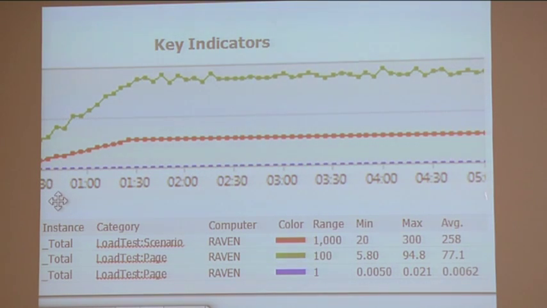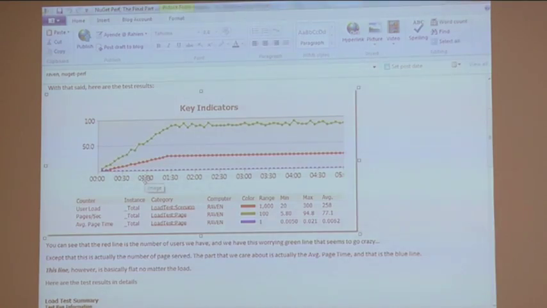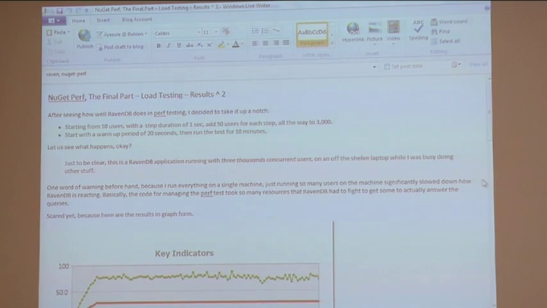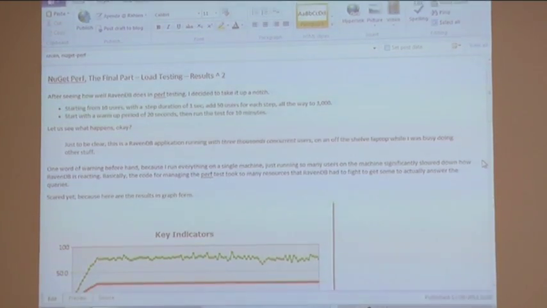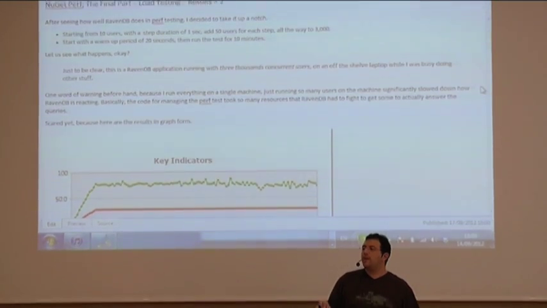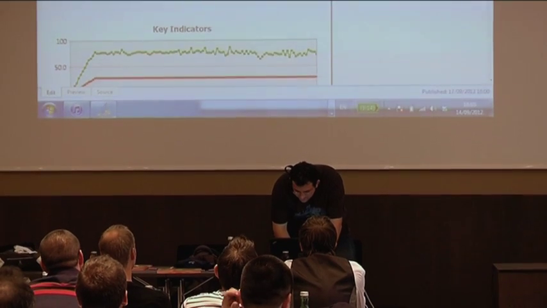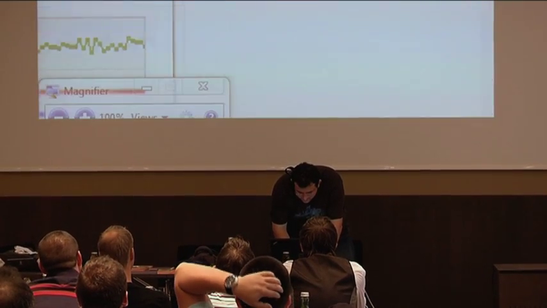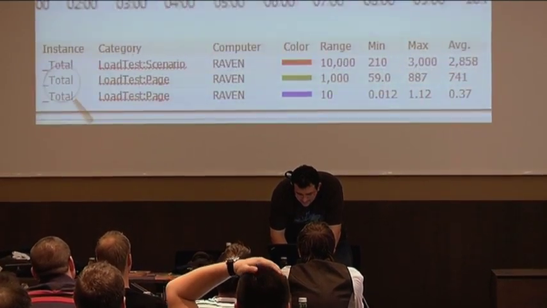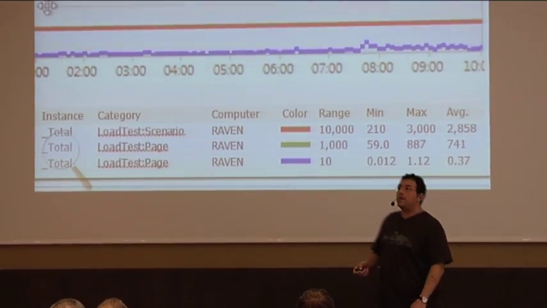This is the result. And just to make things slightly more interesting, do you know what happened? If you run a perf test on 300 users and it works just fine, what's the next thing that you're going to do? How many users? Now you can see that things have gone slightly worse for Raven.